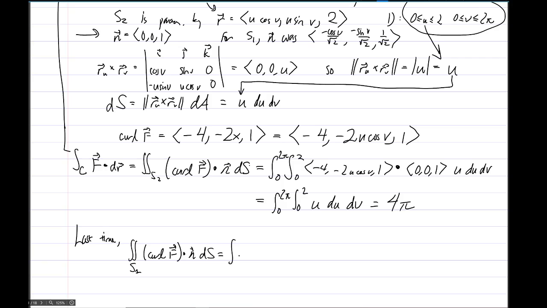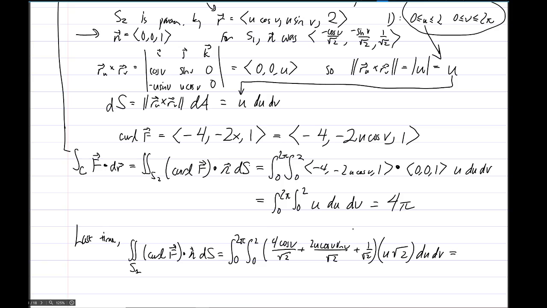And just to remind you what we had worked out, which was somewhat tedious, was the integral 0 to 2 pi, integral 0 to 2 of 4 cosine v over root 2 plus 2u cosine v sine v over root 2, plus 1 over root 2, that quantity closed, times u root 2 du dv.